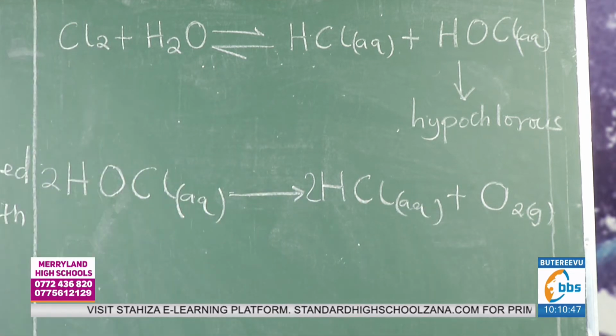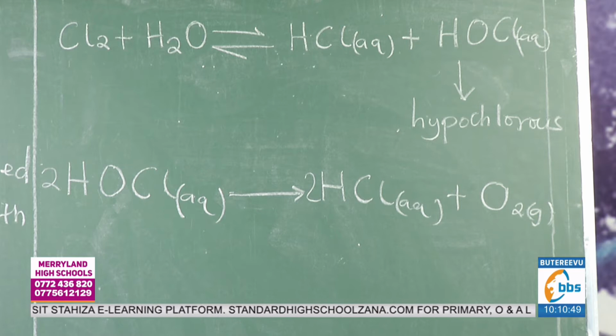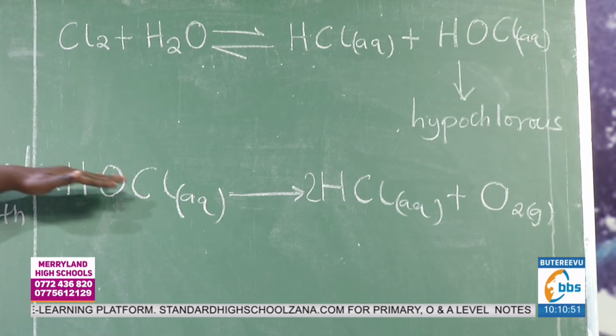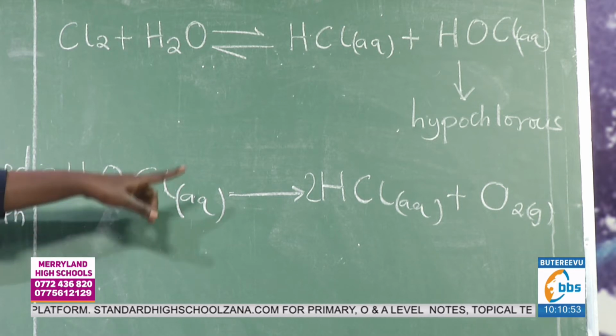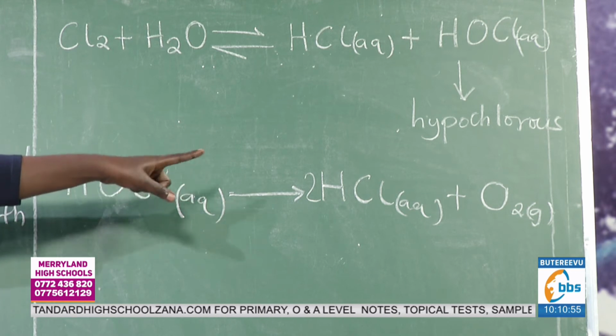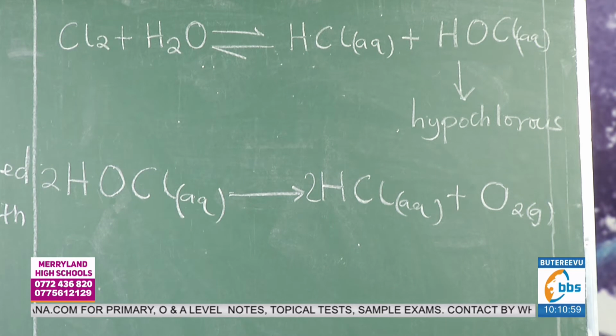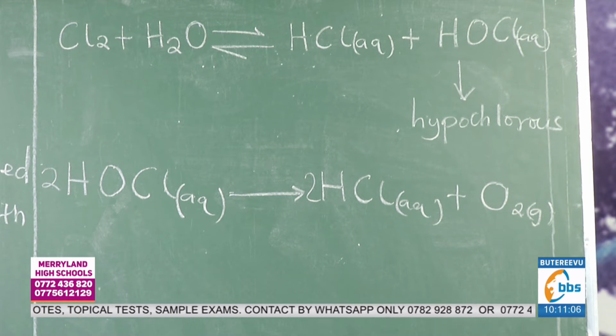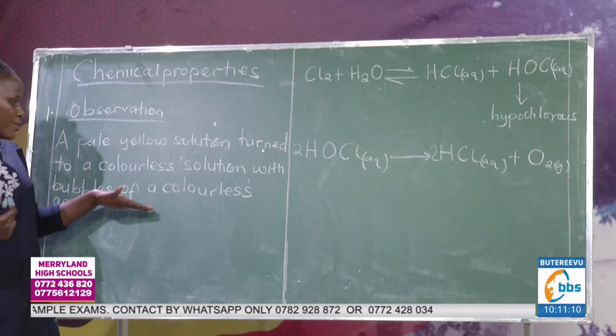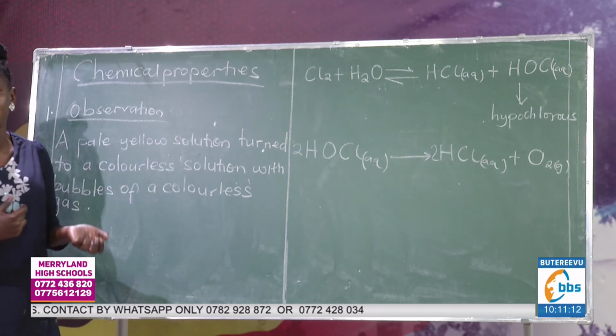So it is the decomposition of this acid that will enable you to form HCl and oxygen gas. That is what was needed in your explanation. That's why you're able to observe a colorless solution but with bubbles of a colorless gas.